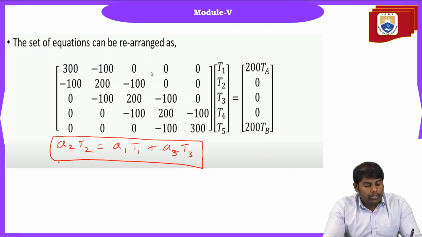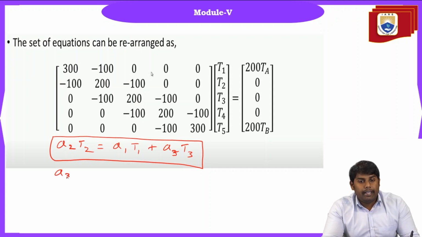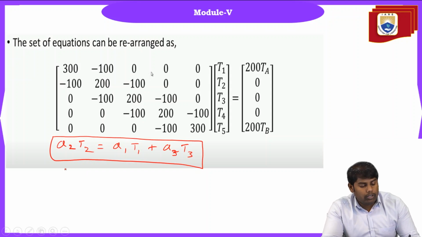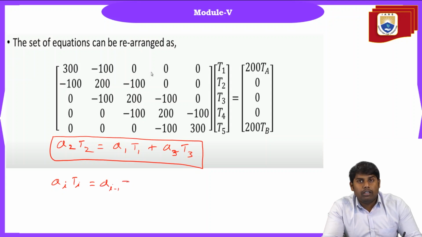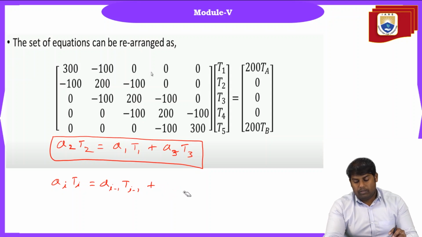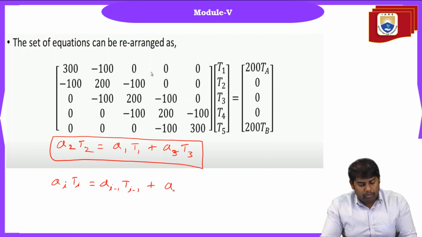Fine. So this is what we have. Next we have A3 T3. In terms of index notation, let's say A of i, Ti is equal to A of i minus 1, T of i minus 1 plus A of i plus 1 into T of i plus 1.